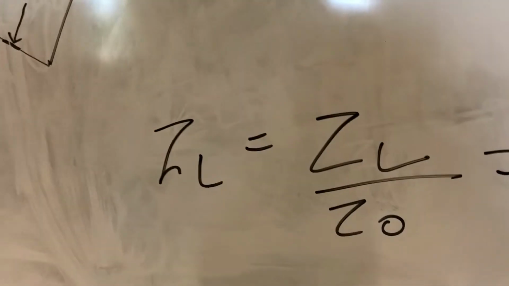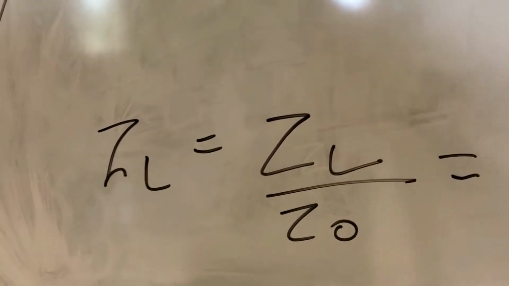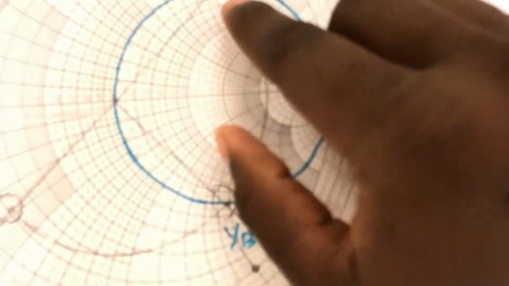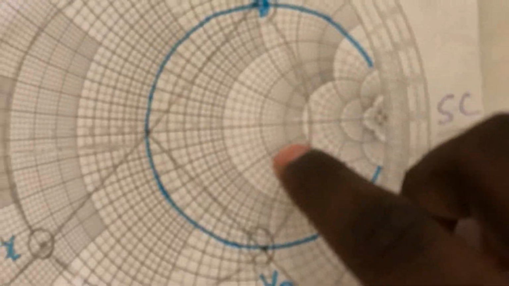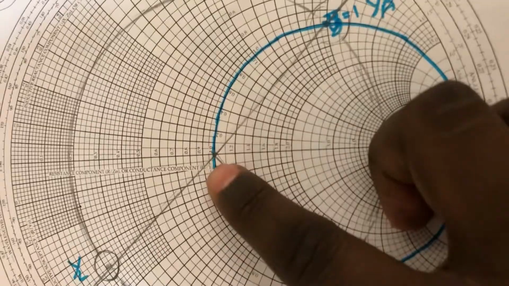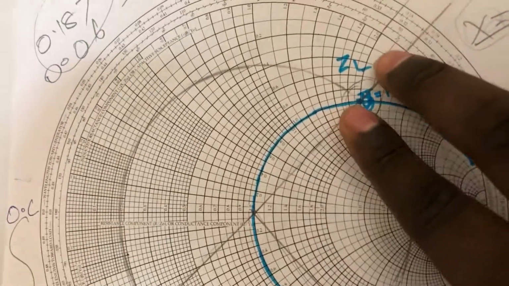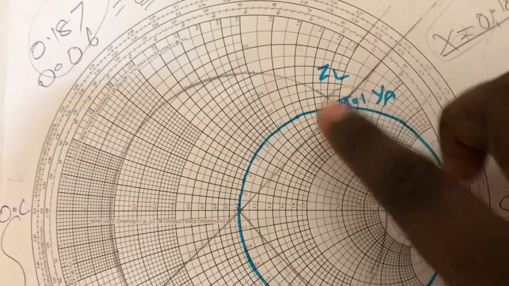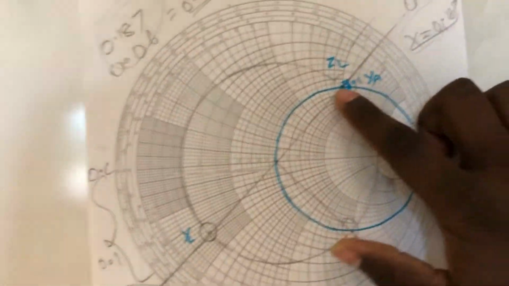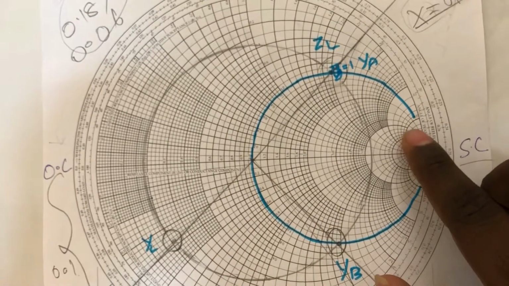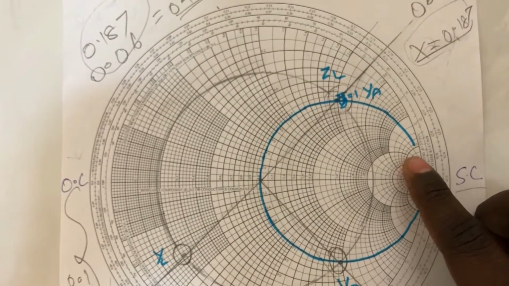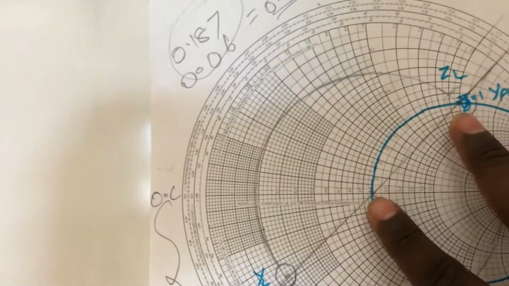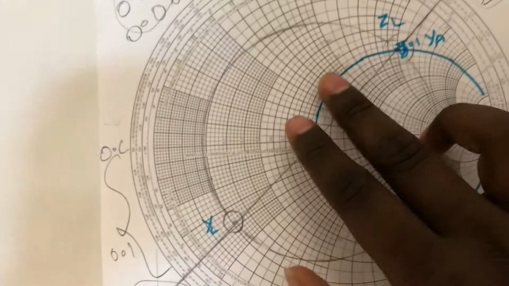Now the normalized impedance is going to be load impedance divided by characteristic impedance, which gives us 1 plus 2j, which we have marked here as you can see in the chart. 1 plus 2j, if it's minus 2j you have to go to the bottom, but this is plus 2j, so it's here. And thicken the y is equal to 1 circle before starting to do the problem, so that it's easier. Now take this as the radius and draw the VSWR circle.